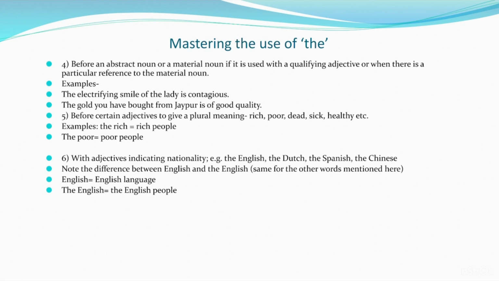So what is the difference between these? English means English language, but when you say the English, you are referring to the people inhabiting England. So you are referring to the English people when you say the English. But if you say simply English, you are referring to the English language.